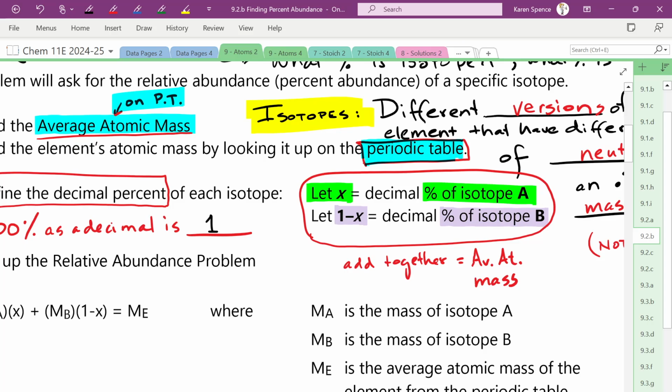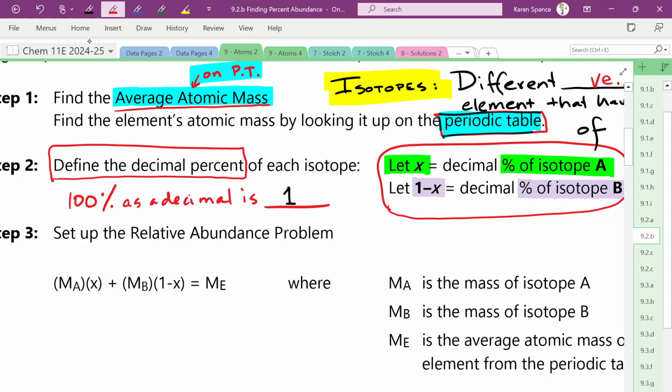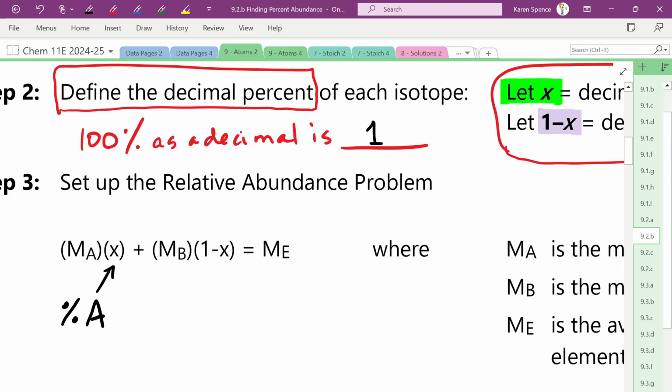Actually, that's not true. I'm sorry. It's more complicated than that. Get rid of that. Okay. If we take the mass of A times our percent of A, which is X, and then we have the mass of B times the percent, which is isotope B, which is 1 minus X. Yeah?